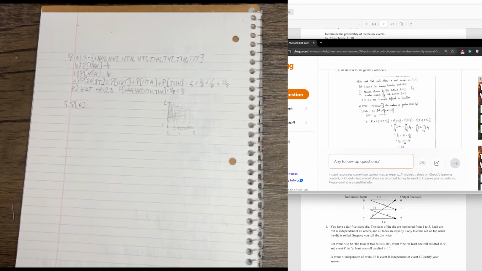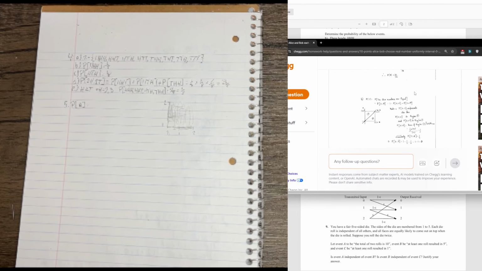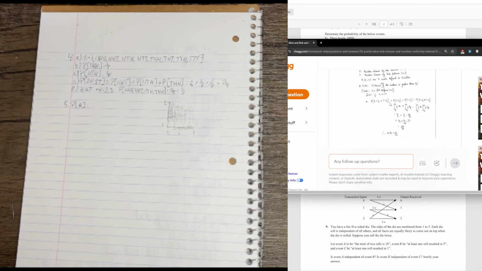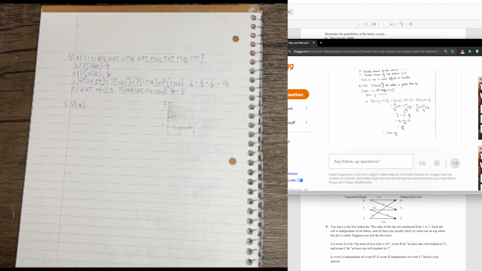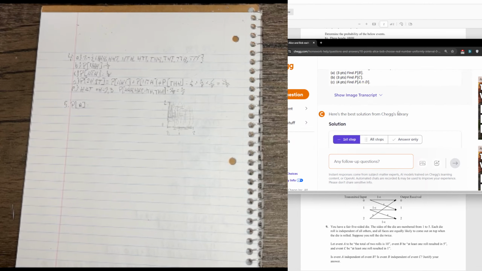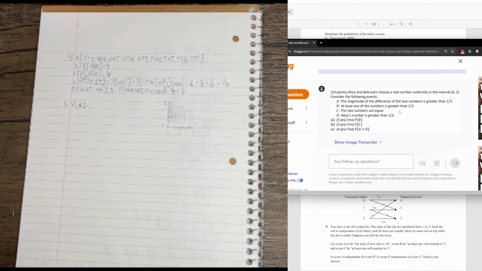Alice and Bob. What number is that? Yeah, they just took the integral, which is a simpler way to do it. You're just finding the area, so yeah. 1/2.